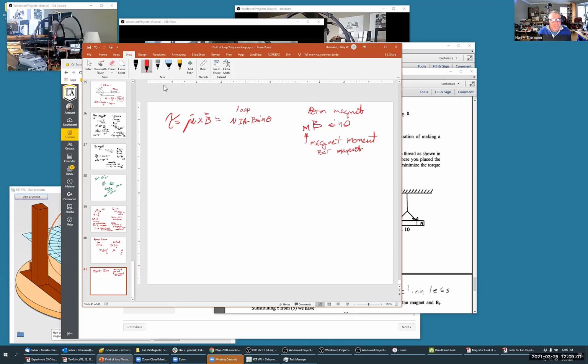And we also have torque is equal to I, the moment of inertia, so this is the mechanical moment of inertia.